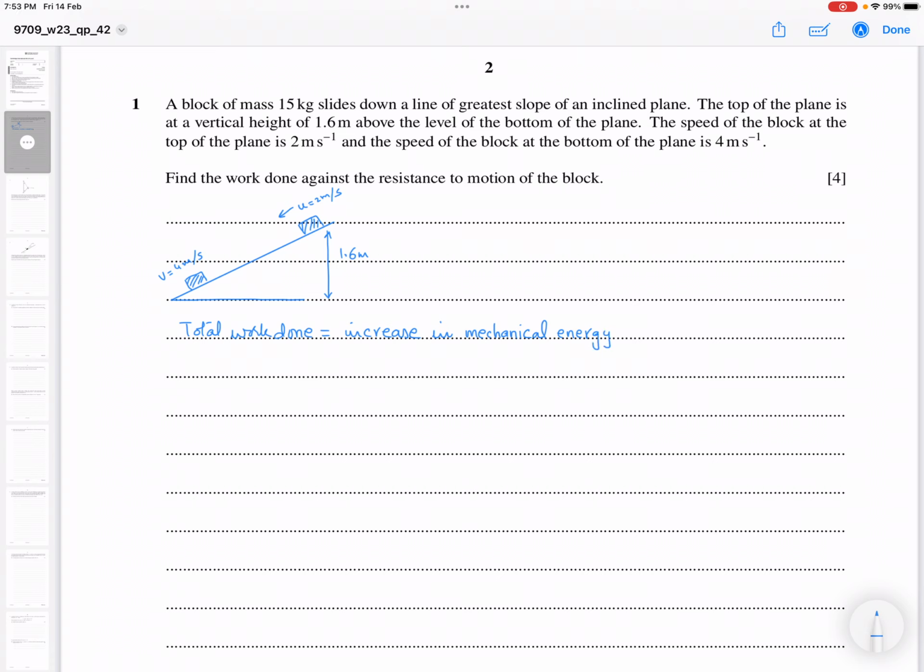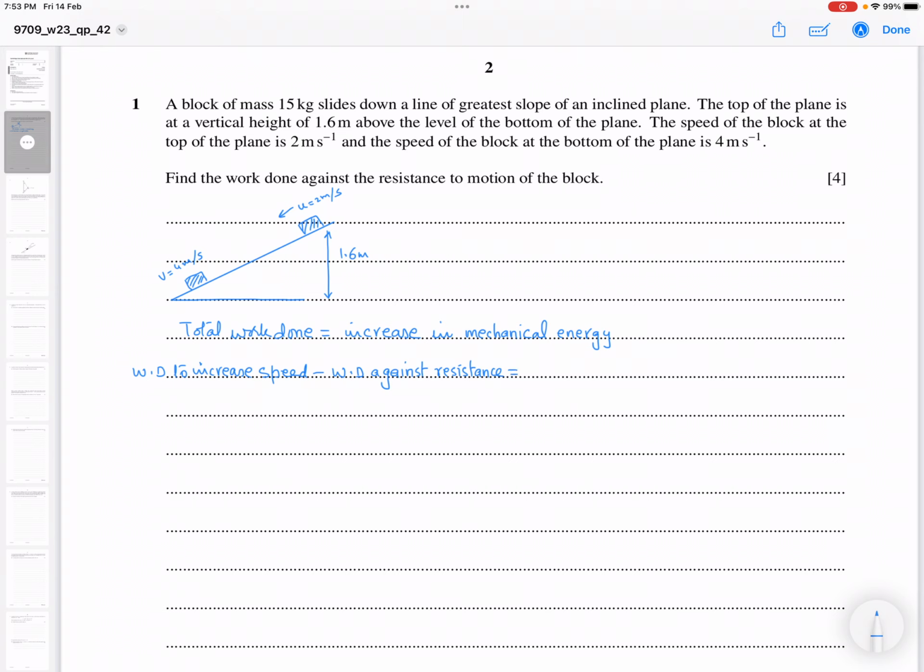Our total work done can be calculated in the way that if I write work done to increase speed minus work done against resistance, and this is our total work done.